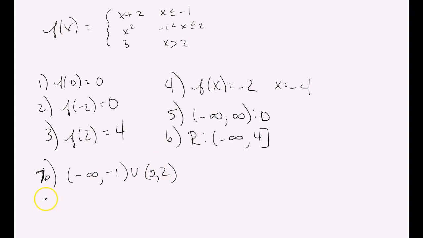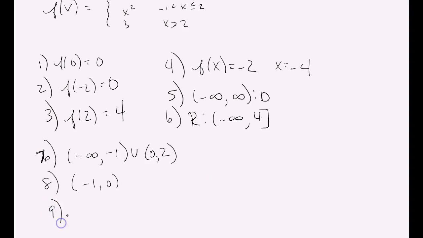And then for 8, what is that? 8 is decreasing. So decreasing would just be that little bitty portion between -1 and 0. And then number 9 is where you are constant. Well, that would be anything greater than 2, because it's a straight line at that point, okay?